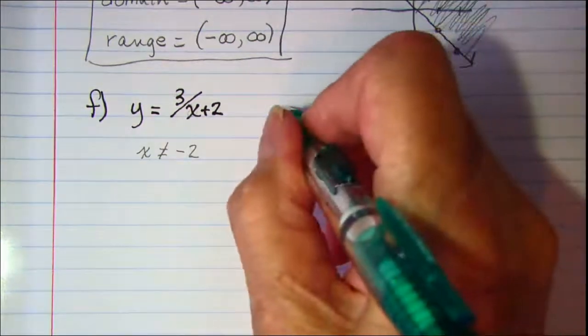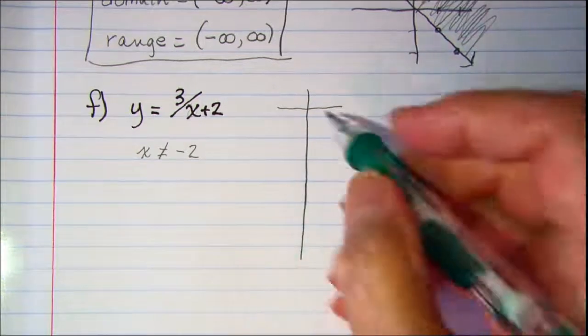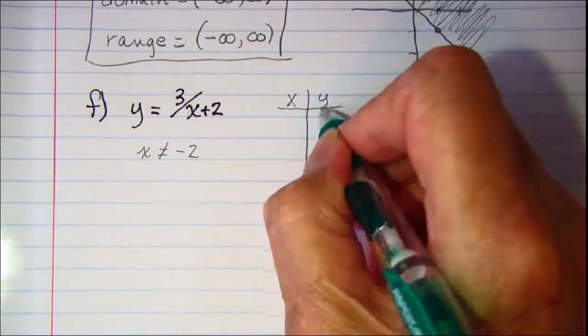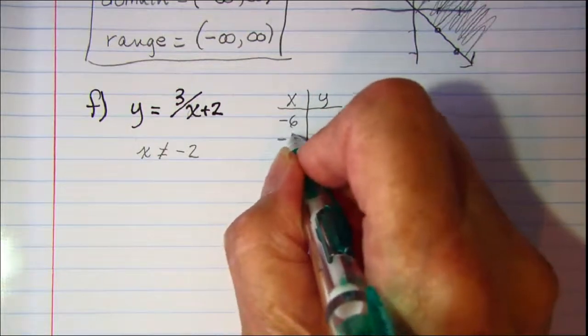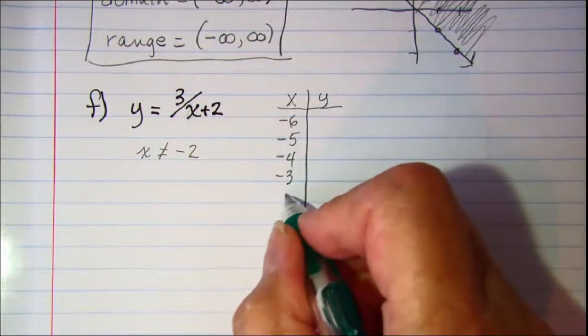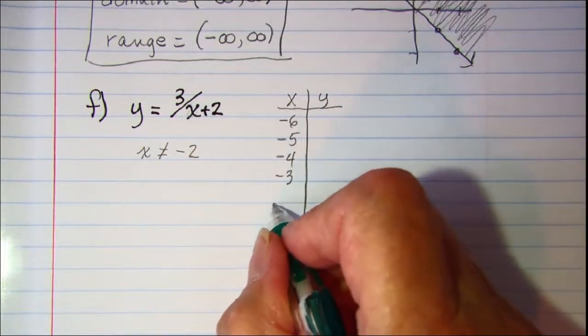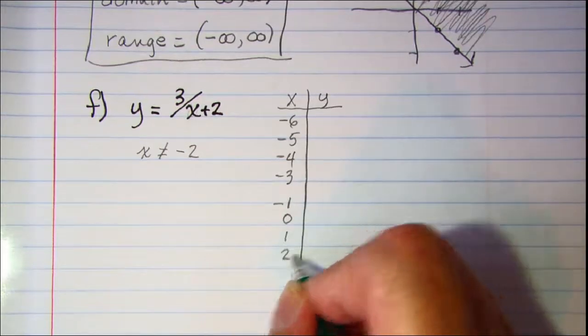Now let's look at some points. I'm going to use negative 6, negative 5, negative 4, negative 3. Can't use negative 2. So negative 1, 0, 1, and 2.